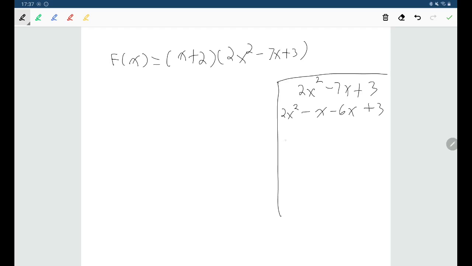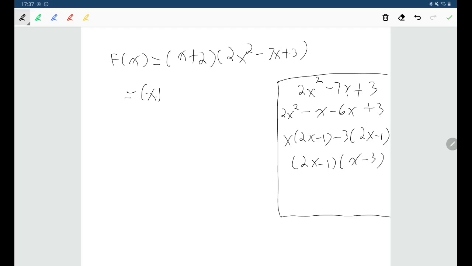And then we'll just factor by grouping. And so the polynomial that we have, that little quadratic, factors as 2x minus 1 times x minus 3.